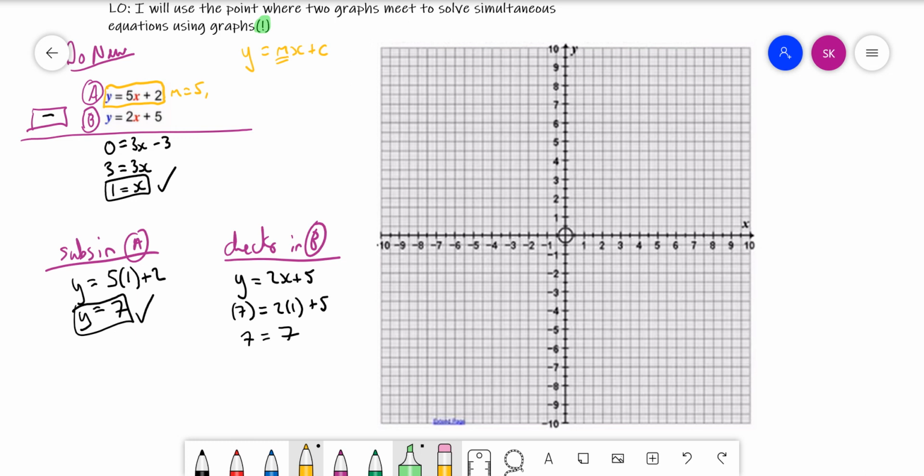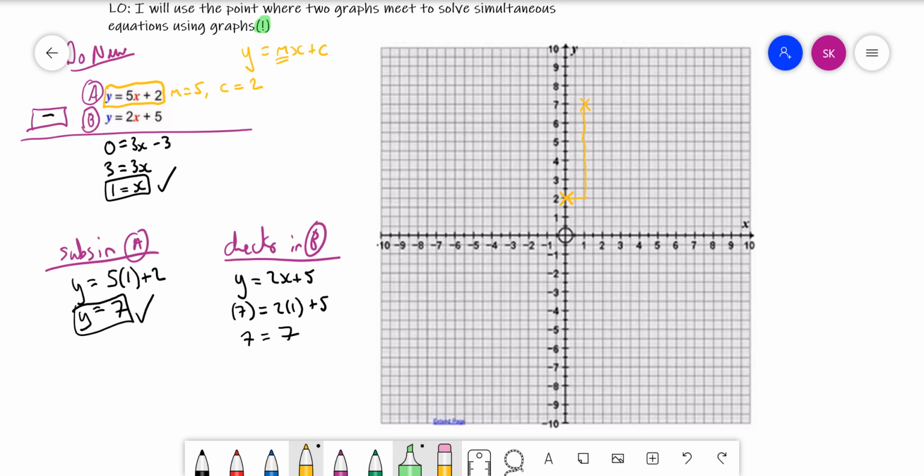And c is the y-intercept, where x is 0. In everyday language, it is where the graph crosses the y-axis. The y-intercept for equation A is positive 2, which means it crosses the y-axis here. For every one it goes along, it goes 5 up. So that's the next point.